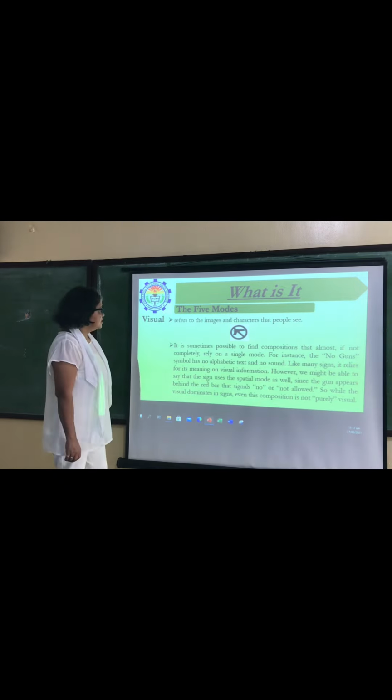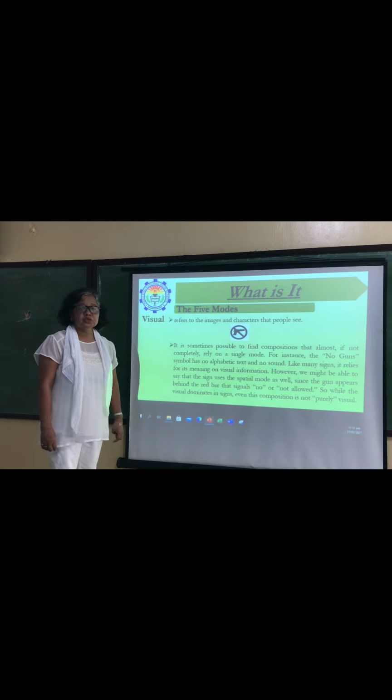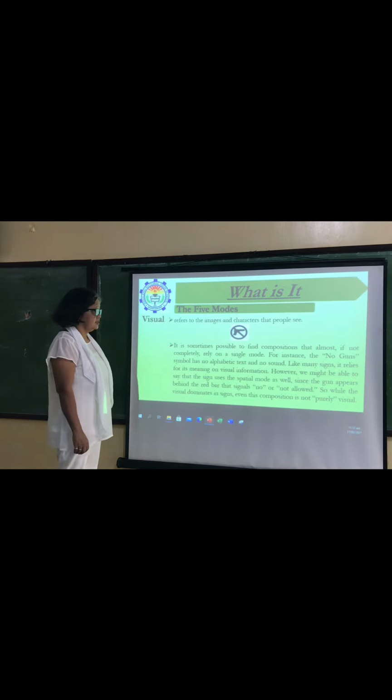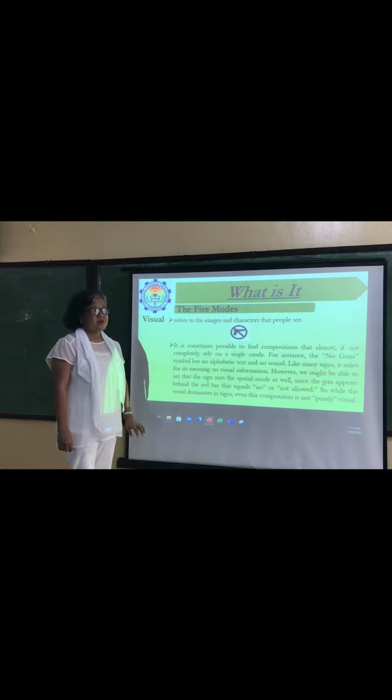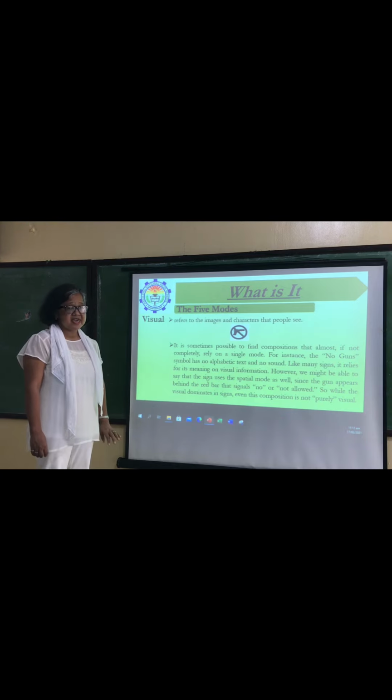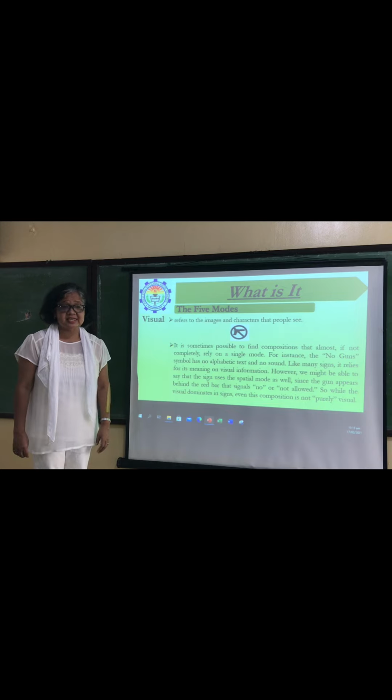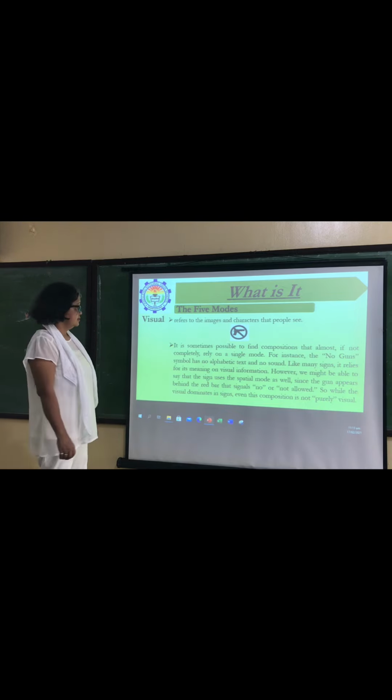Right? The signs you can see elsewhere, especially in public places. If you see this sign, no guns, it means that you are not going to bring a gun in that area where you can see that sign. Okay?